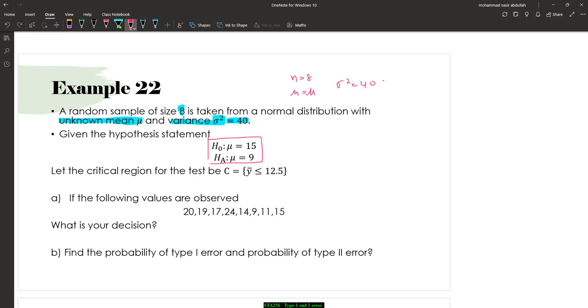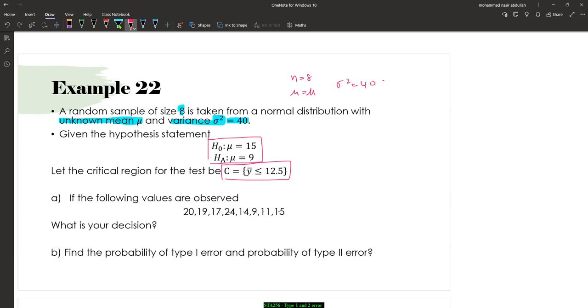Let the critical region for the test be y bar less than or equal to 12.5. If the following values are observed, 20 until this one, there are 1, 2, 3, 4, 5, 6, 7, 8, n equal to 8.